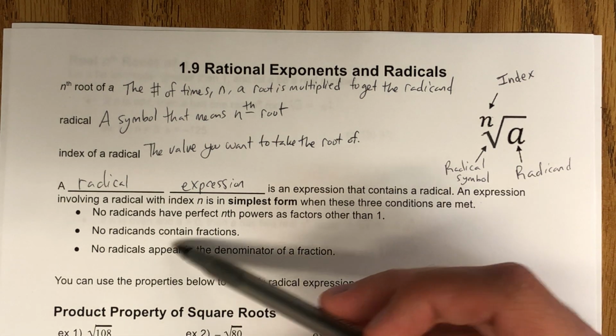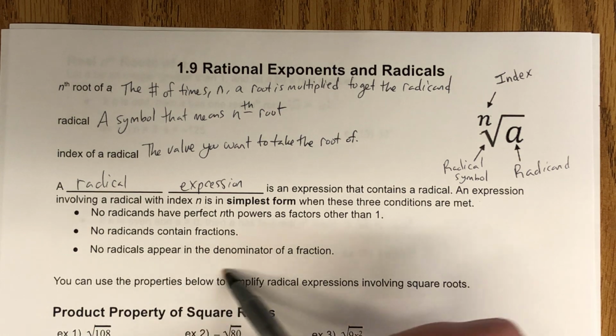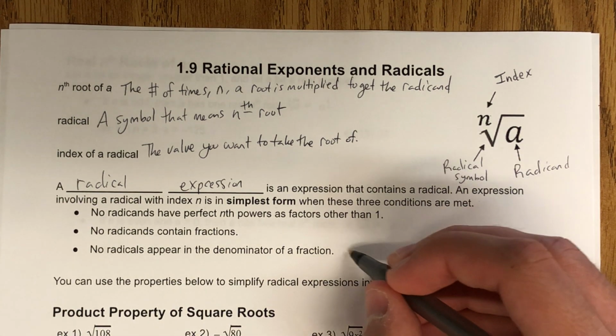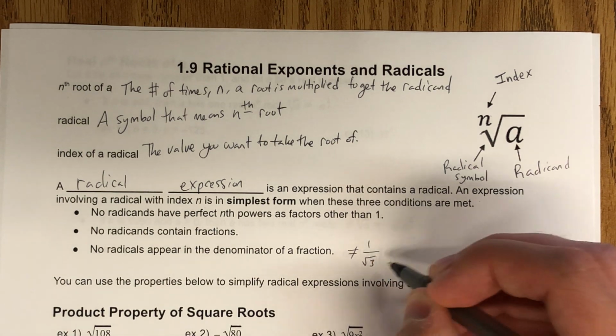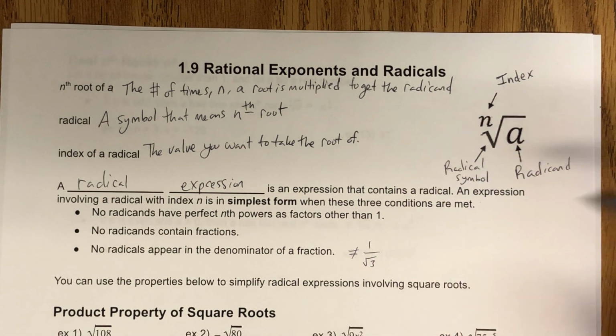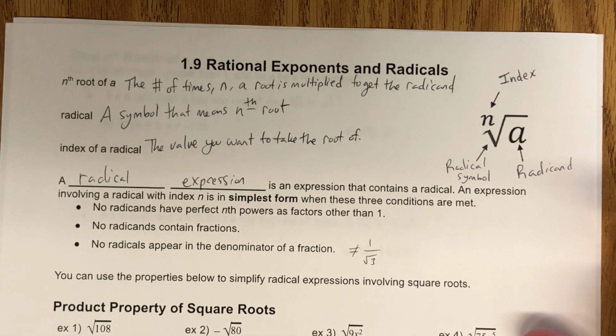No radicands, so the thing under the root, contain fractions, and no radicals appear in the denominator of a fraction. So you cannot have something like the square root of 3 in the bottom. Nothing in the denominator. Our goal here is to start doing some simplifying with radicals.